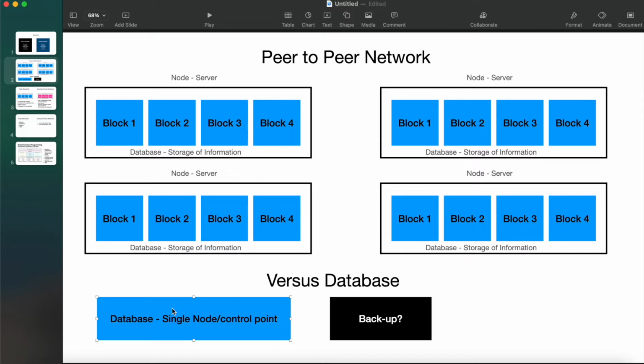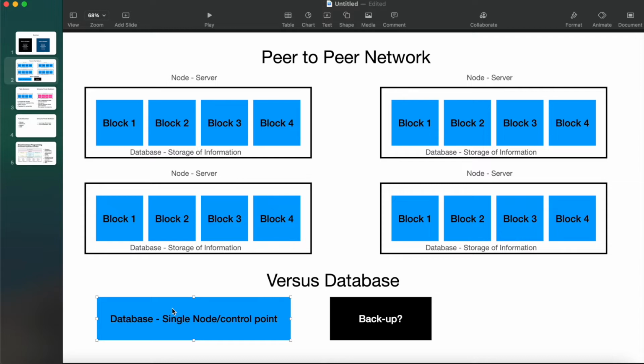If the government shut down AWS tomorrow, or for whatever reason, like what happened with the Facebook blackout the other day, something goes wrong with the servers, there's a single point of failure. If those servers go down for whatever reason, that information is gone. It's in those servers with their backups.